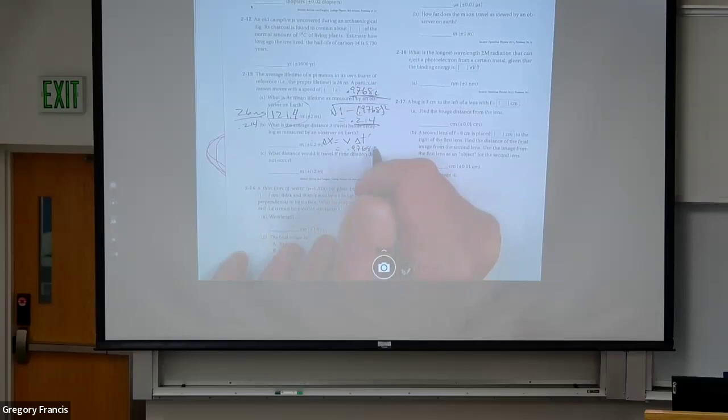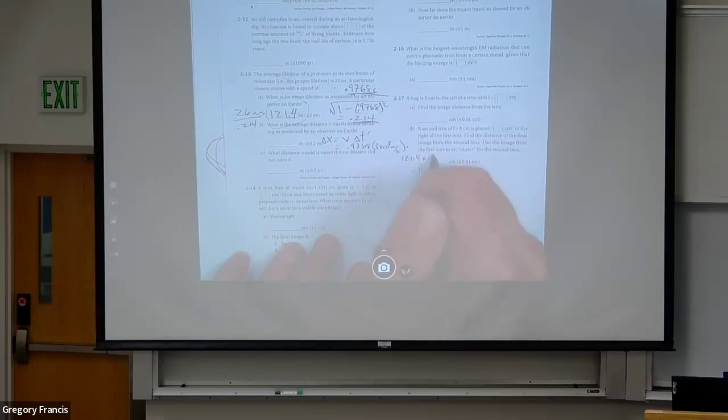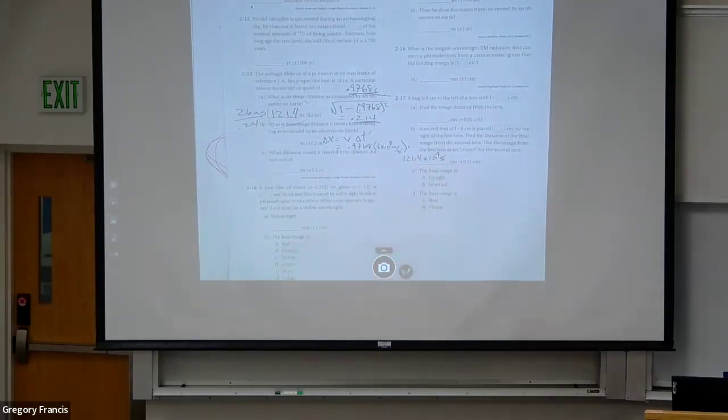And so that's going to be 0.9768 times the speed of light, 3 times 10 to the 8th meters per second. And then I've got to multiply that by 121.4 times 10 to the negative 9 seconds, because I want to cancel seconds here. I have to convert the nanoseconds to seconds.